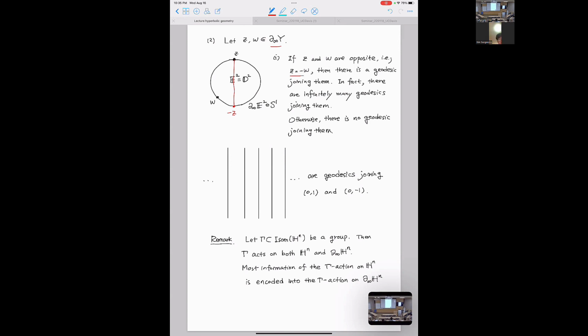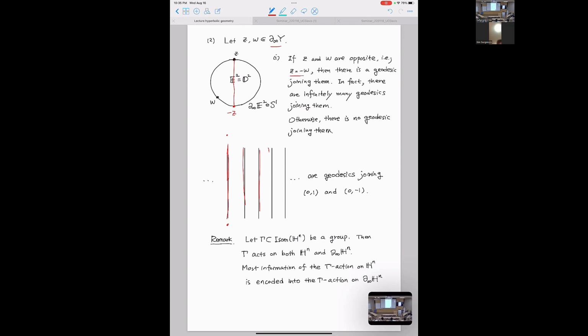So this vertical geodesic connects these two points, but all these geodesics are equivalent, meaning they have the same endpoints on the visual boundary of E2.